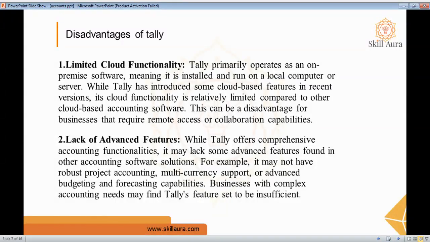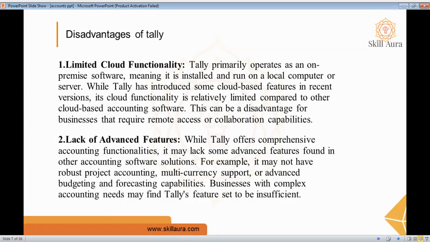So the next disadvantage will be lack of advanced features. While Tally offers comprehensive accounting functionality, it may lack some advanced features found in other accounting software solutions. So, with a lack of advanced features, Tally may not have the advanced features and functionality that larger businesses or enterprises require.